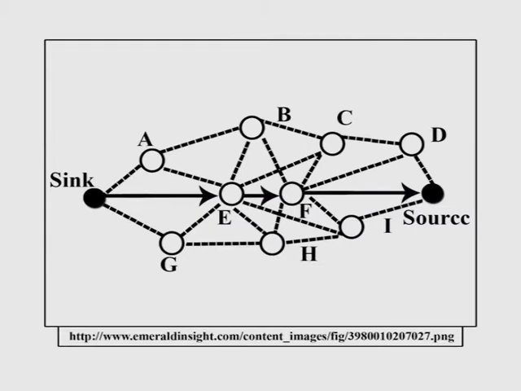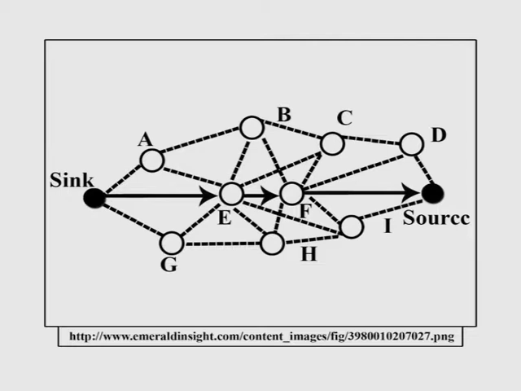Let us first discuss shortest path routing. It is a simple and widely used routing algorithm. The idea behind shortest path is to build a graph of the subnet, with each node of the graph representing a router and each arc representing a communication link, as shown on the screen.